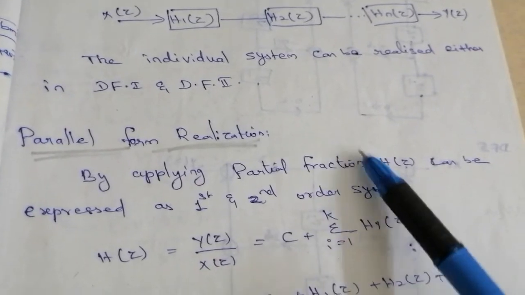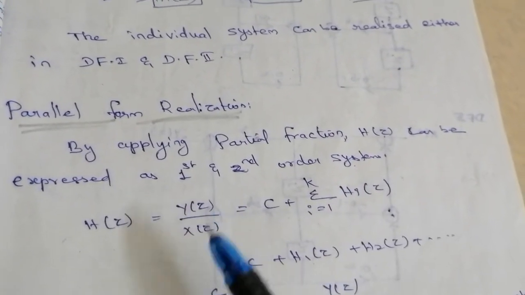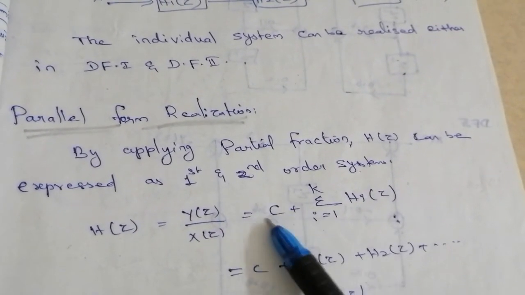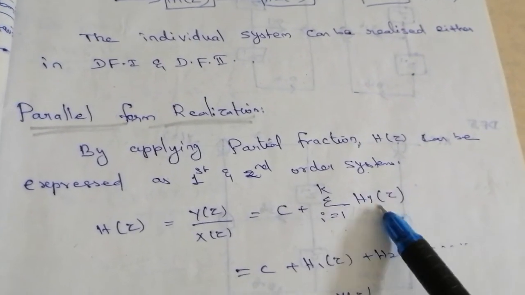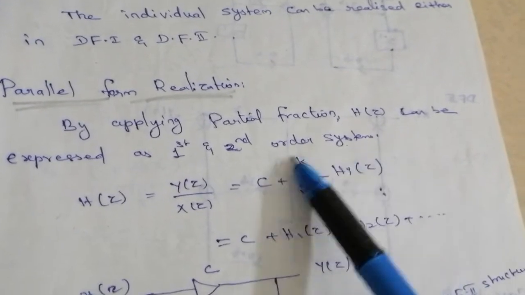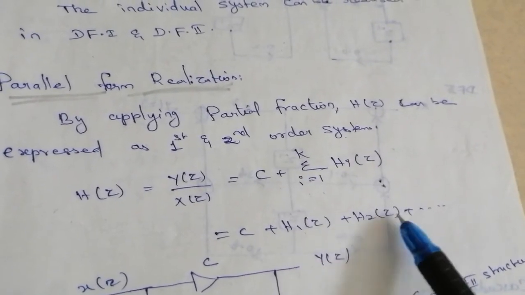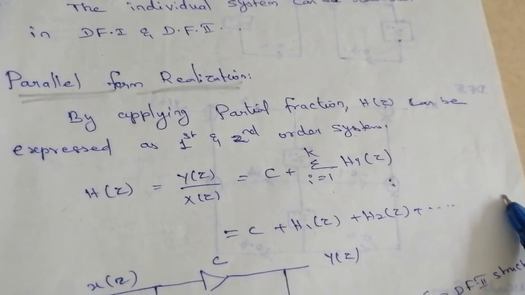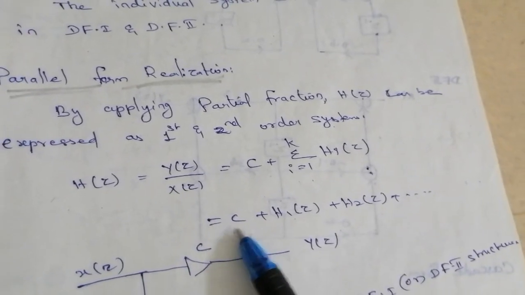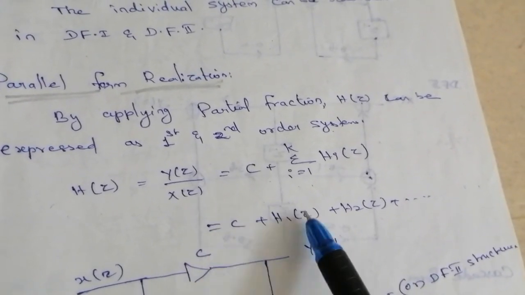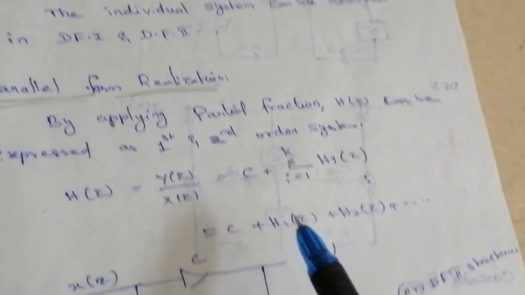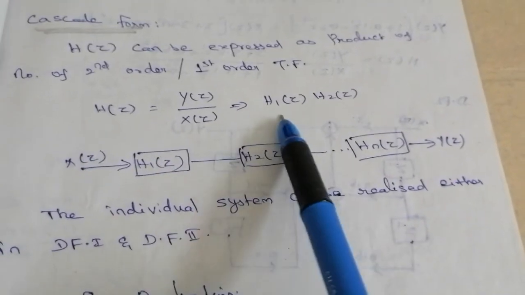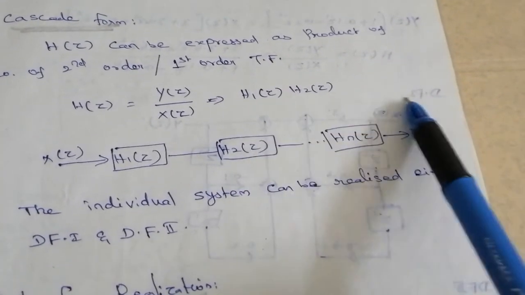That is the difference. So h of z equal to y of z divided by x of z equal to a constant term plus summation i equal to 1 to k h i of z. Now expand this summation term, we get h1 of z, h2 of z up to hk of z. Here every term is represented as an addition, but in cascade every term is represented as a multiplication. That is the difference.